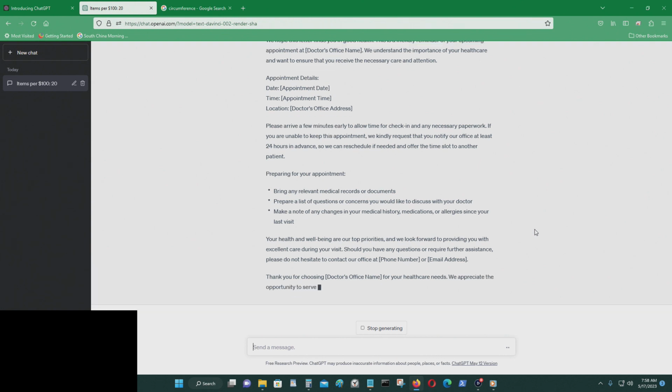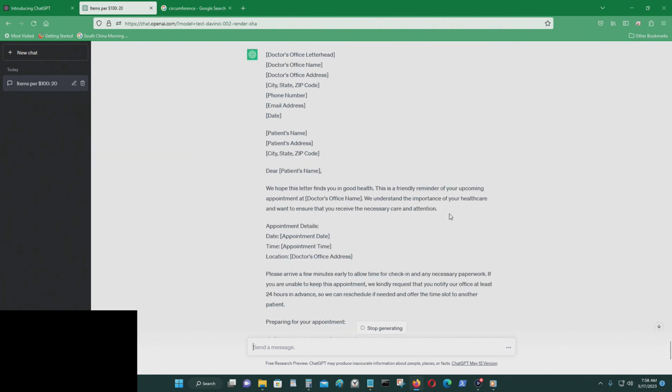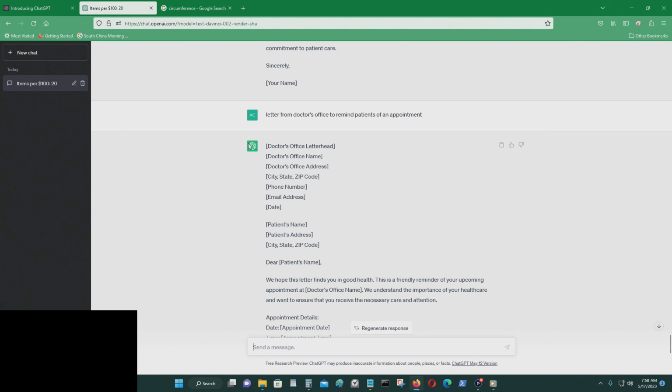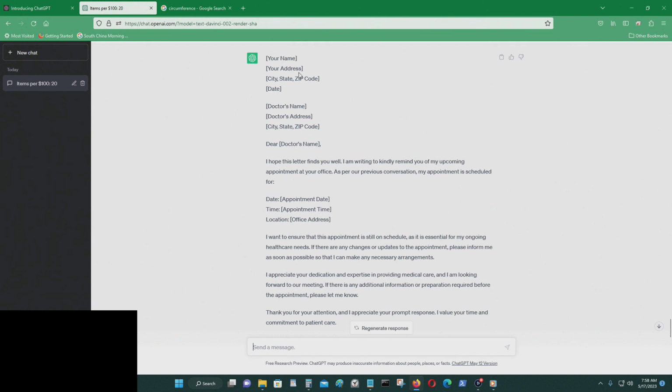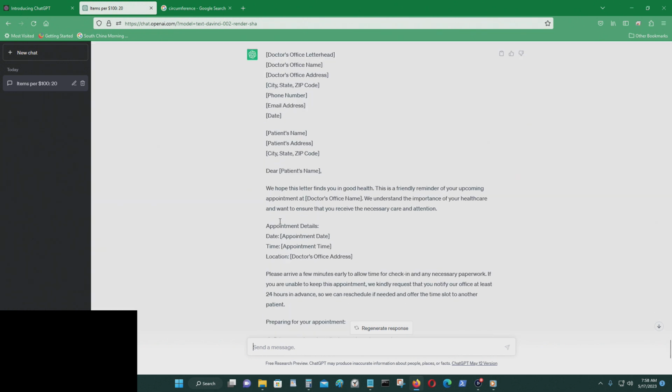It takes a couple of tries because the computer doesn't really understand what you said. So let's see. Okay, this is what the doctor's information is. This is to the patient. That was from the patient to the doctor. Dear patient's name. Dear Jane Doe. We hope this letter finds you in good health. This is a friendly reminder of your upcoming appointment at the doctor's office. We understand the importance of your health care and want to ensure that you receive the necessary care and attention.